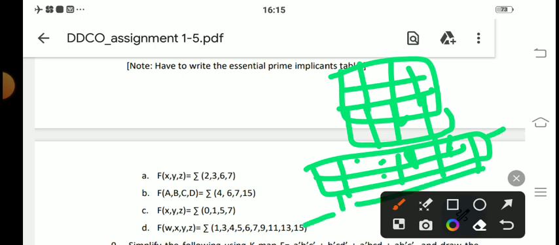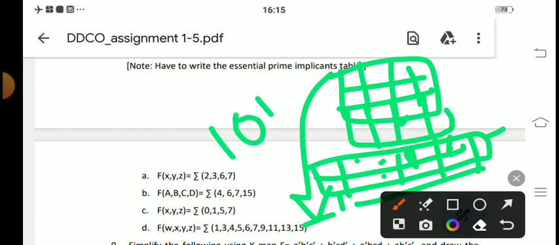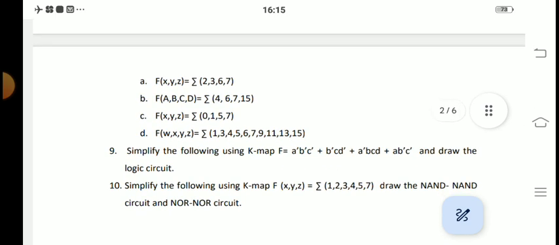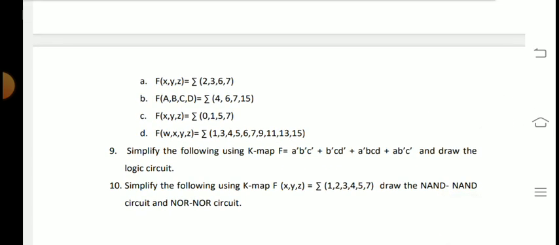If this question carries 10 marks, then for the K-map problem try to write in a new sheet or a new page. In a single page you can cover each and everything, so in this single page you can get the 10 marks. Fine. So for all these problems you have to simplify using a K-map.